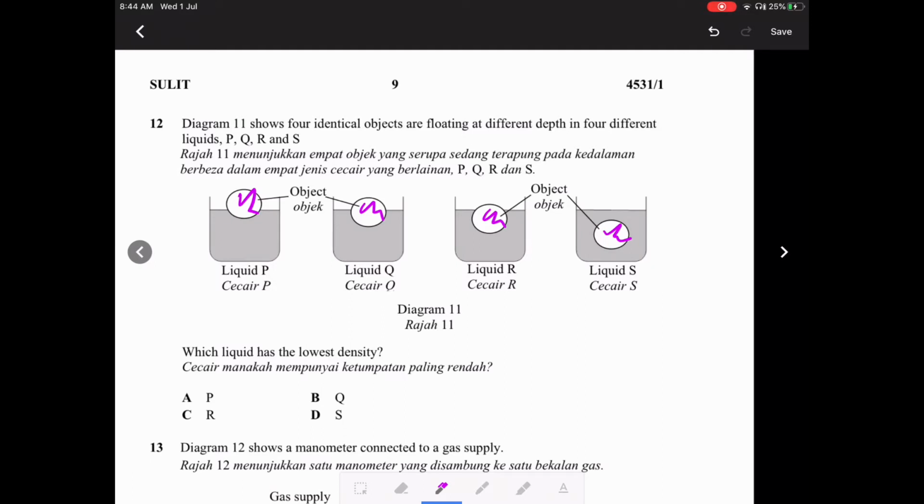Okay, so kalau dia timbul, maknanya dia ditolak. Dia ditolak daripada bawah. Buoyant force semua sama. So, FB sama dengan rho GV. So, gravity semua sama. Volume of water displaced dia berbeza. Kalau you tengok, yang mana satu?